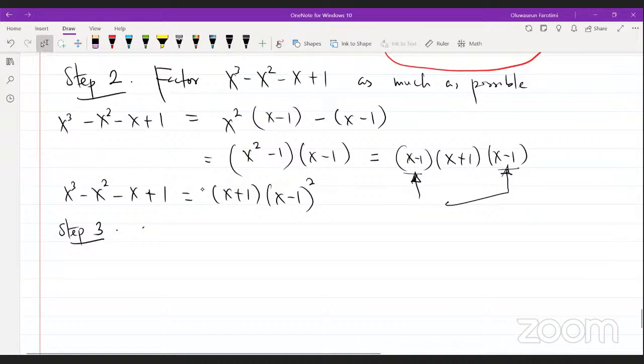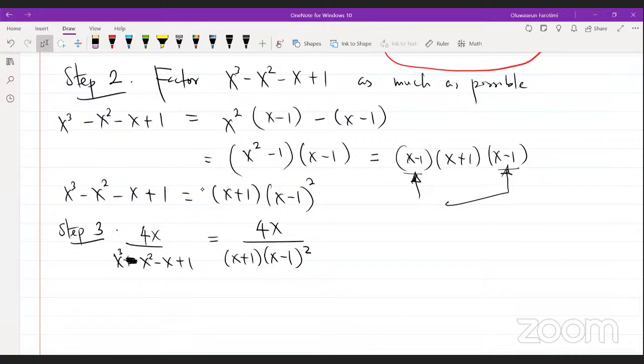So remember we're actually going to do 4x over x cubed minus x squared minus x plus 1. And we found out that this can be written as x plus 1 and x minus 1 all squared. But in this case, because this is a repeated root, what do I equate in terms of partial fractions?